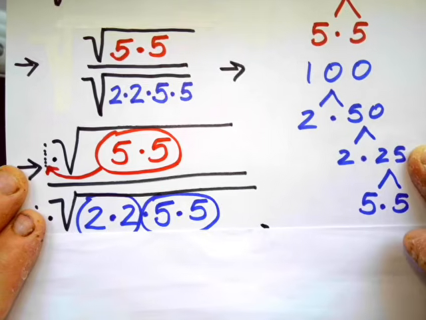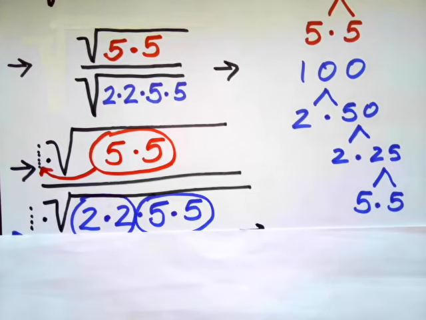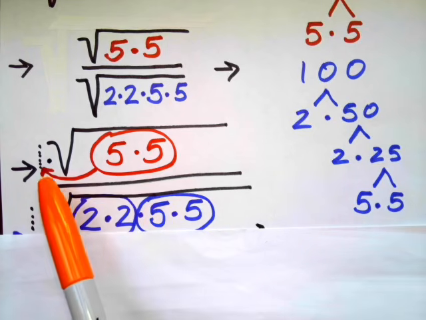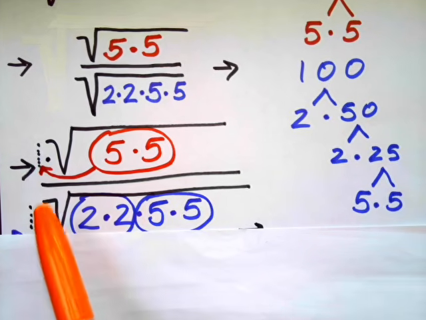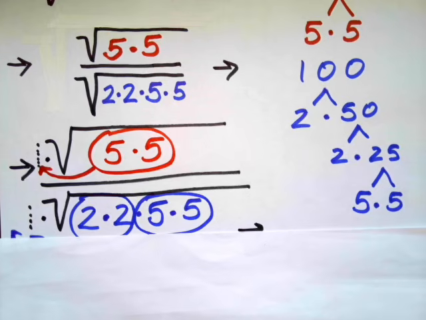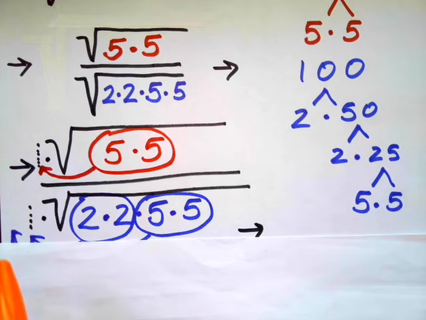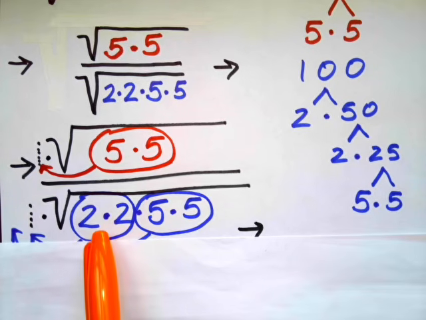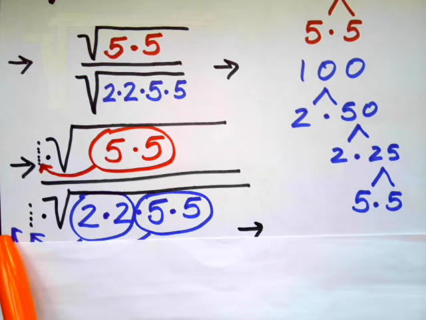Now just follow the rules that we have gone over together. You need two perfect pairs to pull out one value, and you multiply it times the 1 out there or whatever term is showing. We have two perfect pairs in the denominator radical, 2 times 2, so you pull out 1 two.